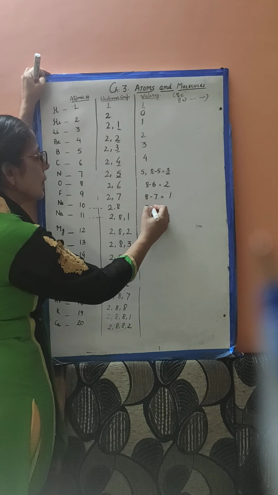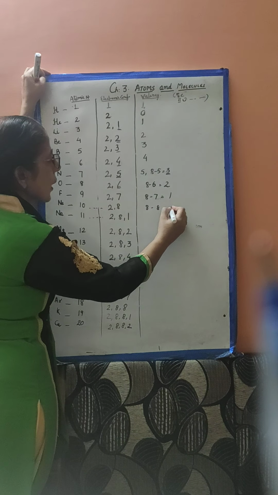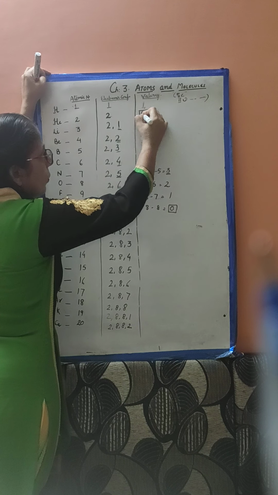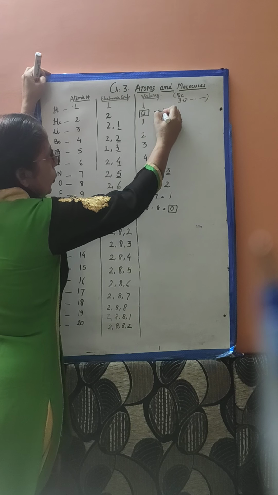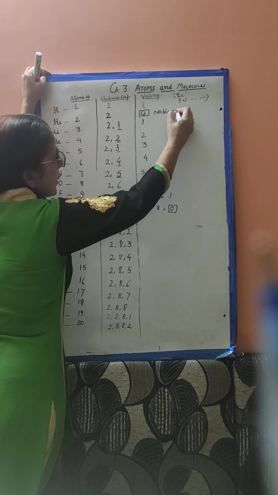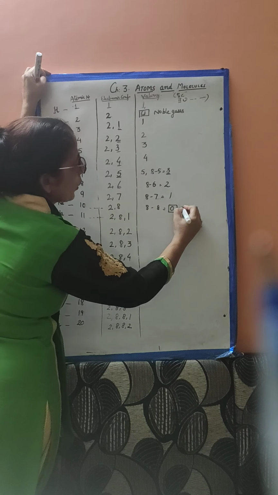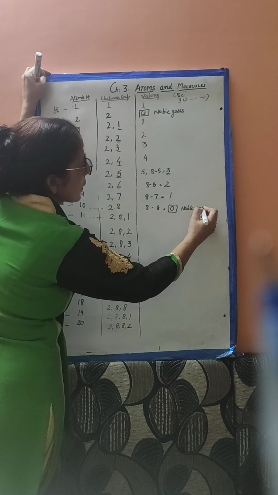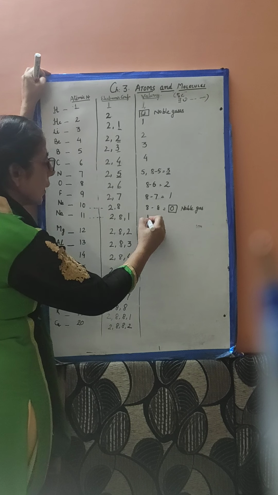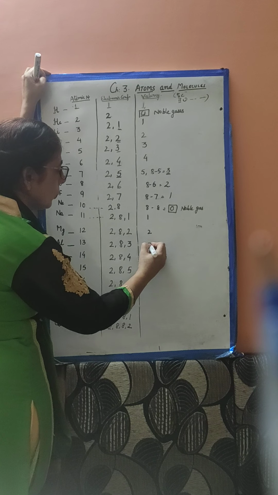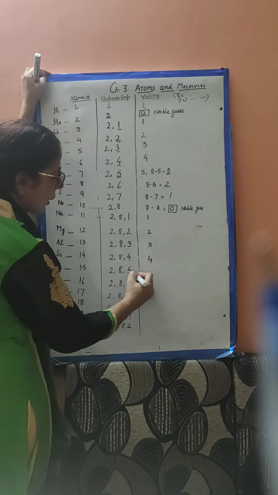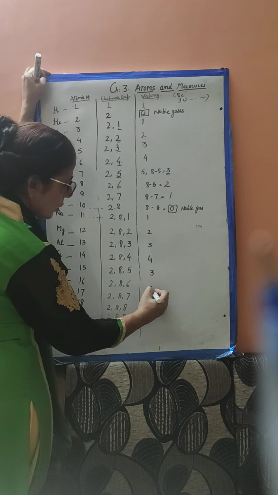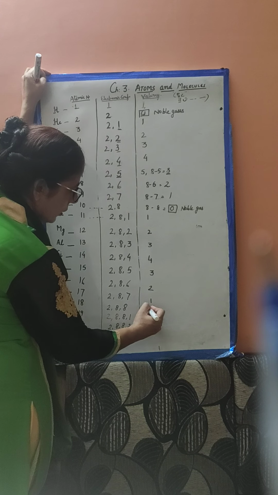What is the valency of neon? 8 minus 8, 0. The substances which have valency 0 are called noble gases because they do not react with any substance easily. Then sodium has 1, magnesium 2, aluminium 3, silicon 4. Now for 5 electrons, 8 minus 5 is 3, then 2, 1, 0.